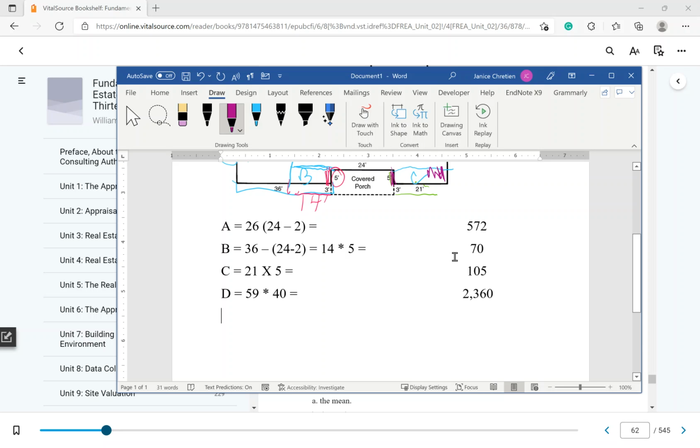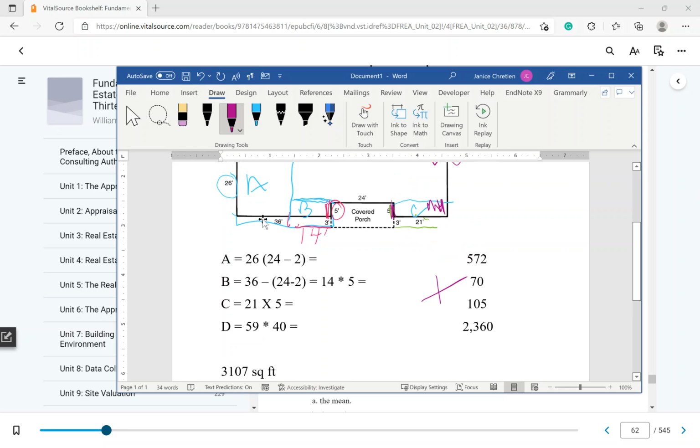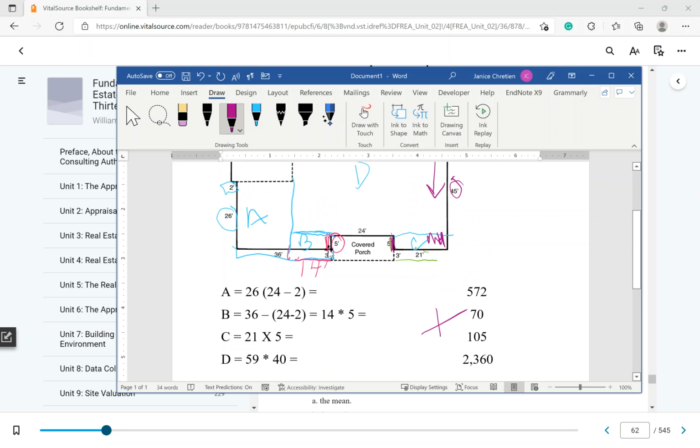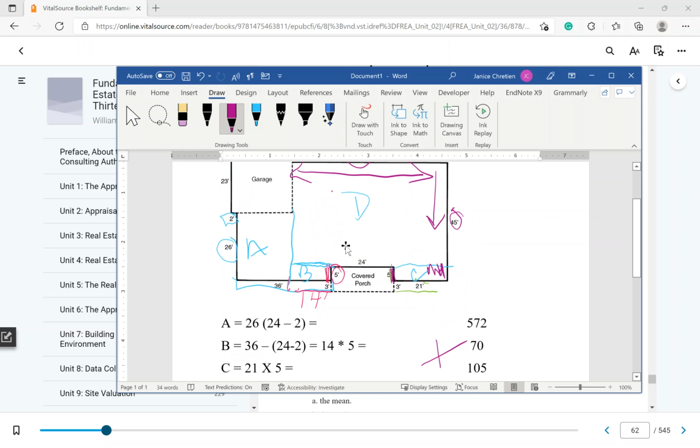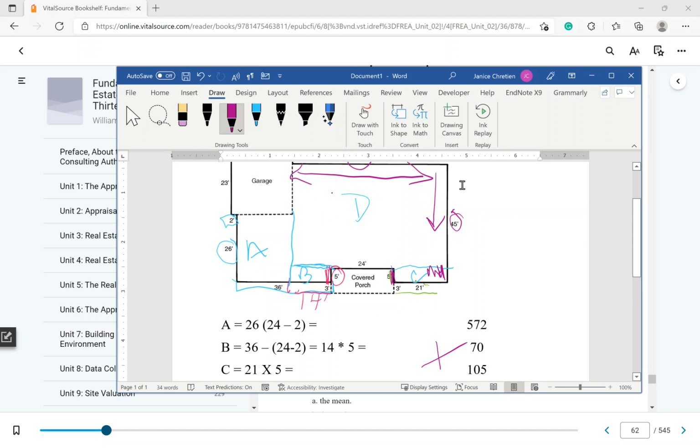And if I add all of these numbers together, I get a total square footage of 3,107. So you've got to take your time, and to me, it helps to use different colors so I can see exactly what I'm looking at.